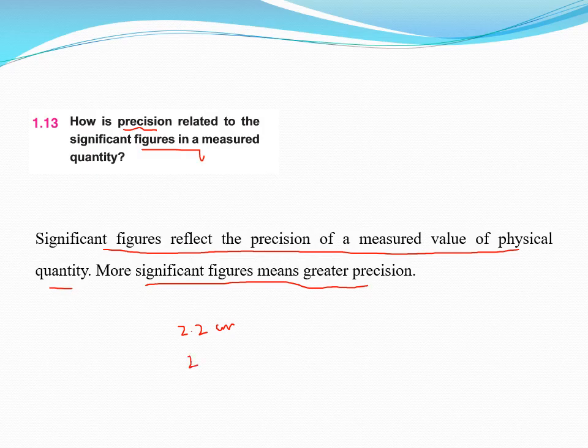And if we take another example, 2.34 centimeter, this expression has three significant figures. So if we compare the precision of the measurements, we say that as this measurement has more significant figures, it is more precise as compared to this one. It has three significant figures and this has two significant figures.